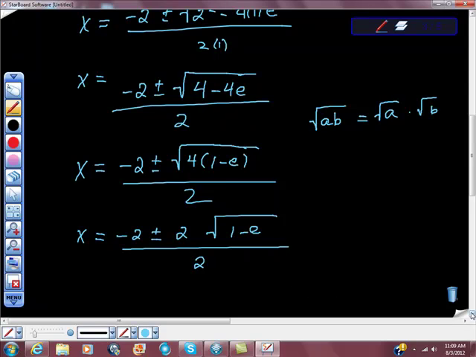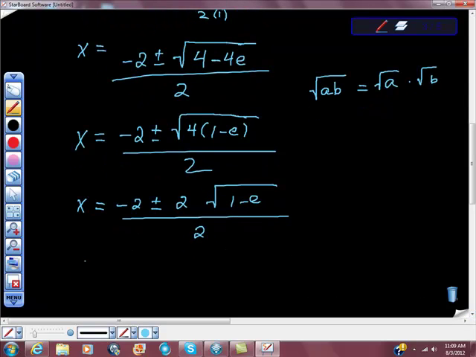There's that 2. Now, this is the last step I'm going to do, and then I'm going to stop, I think. I'm going to factor out 2. So it's 2 times negative 1 plus or minus the square root of 1 minus e all over 2.